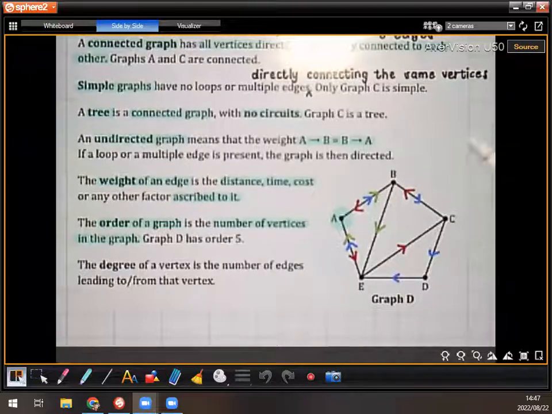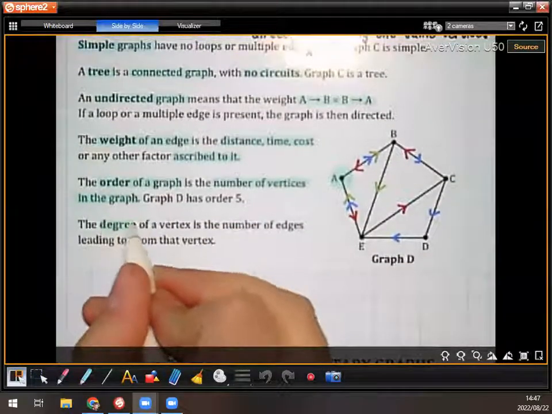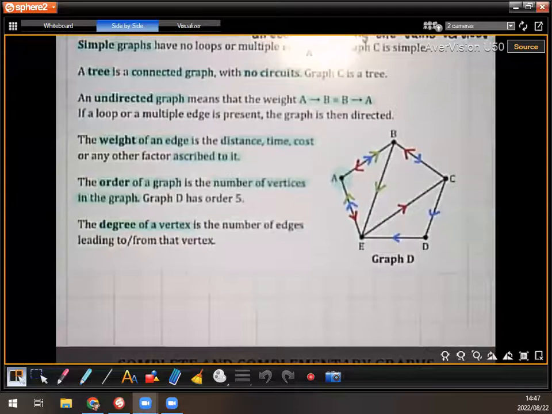So if we're looking at this graph, how many vertices are there? 1, 2, 3, 4, 5. So the order of this graph is just 5, right? Just the number 5. Then the degree of a vertex, not the degree of a graph, the degree of a vertex is the number of edges that are connected to that vertex.